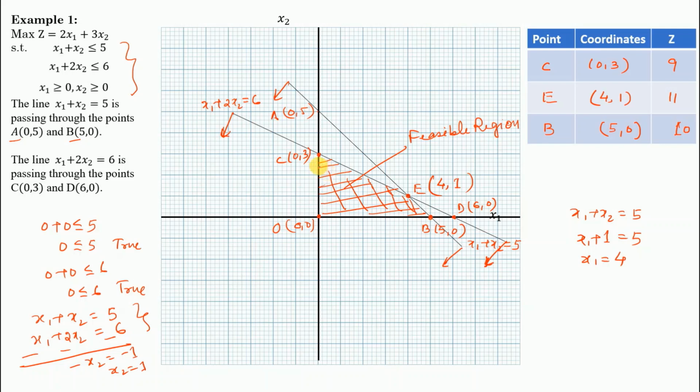At the three points C, E and B we have calculated the value of z, and at point E we are getting the maximum value of z. That's why the solution of this problem is x1 equal to 4 and x2 equal to 1, and maximum z equal to 11. So this is the answer of this problem using the graphical method.